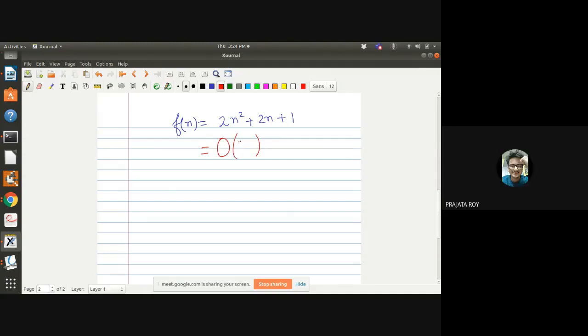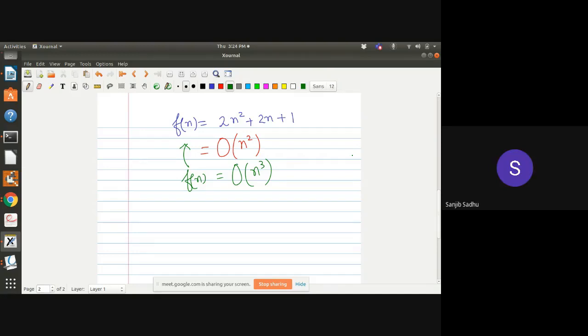N square. Now suppose your friend says this Fn is big O of n cube. My question is, is he correct or not? Sir, he is correct, but it's a loose bound. Yes, so he is also correct.